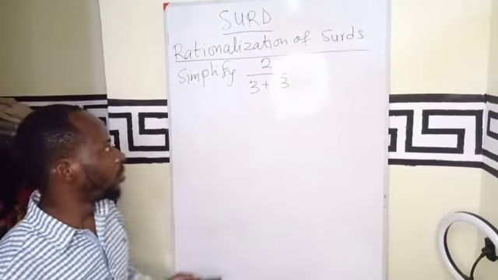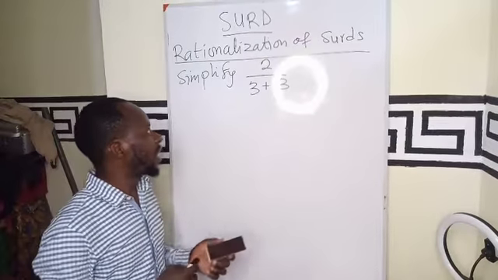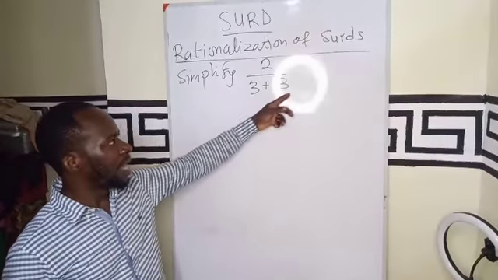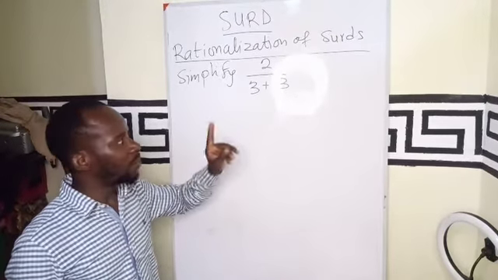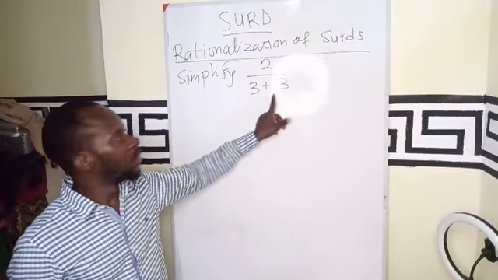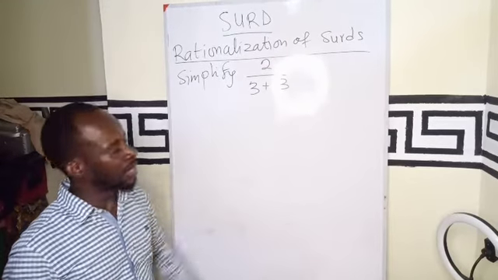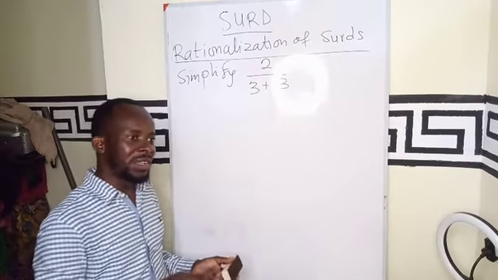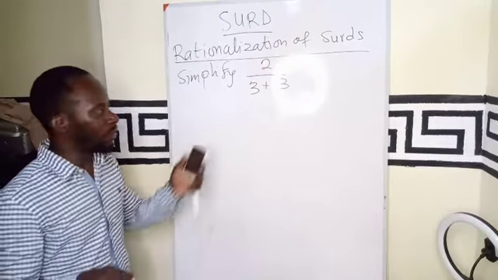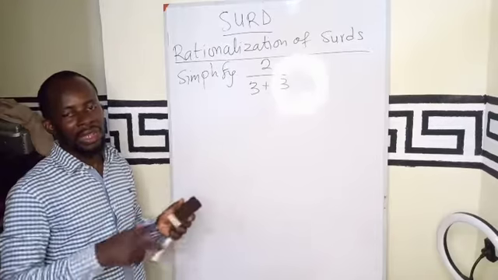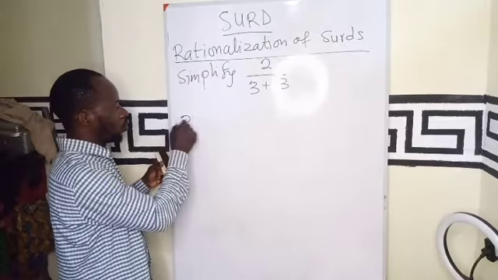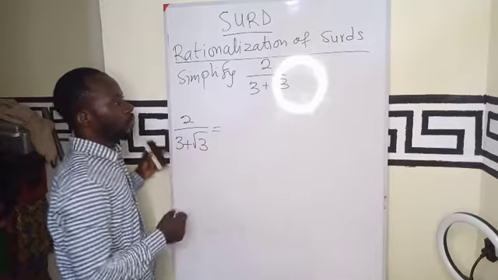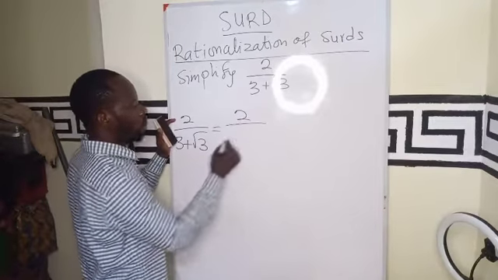For example, if you have a fraction like this to be simplified, we can see that our denominator is no more a singular set, but rather a mixed set, whereby we have rational and irrational. So we are going to use the conjugate pair. Conjugate pair is just getting a pair to what we are given, multiplying them to get rational. So I'll be having 2.